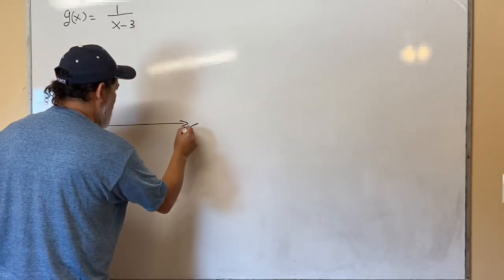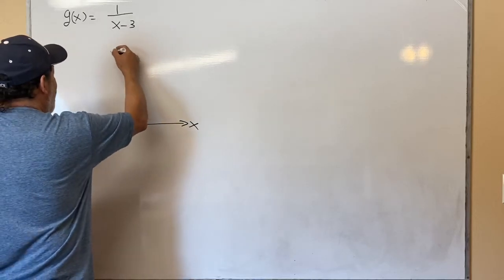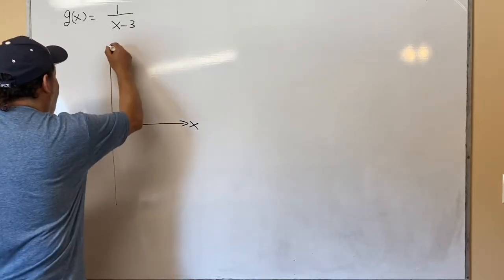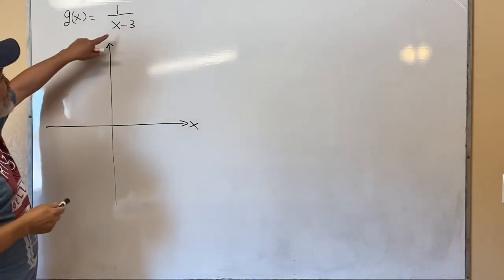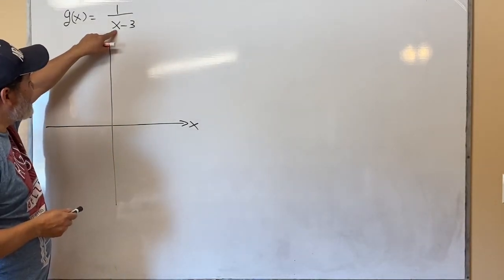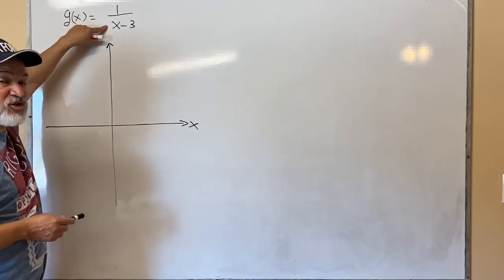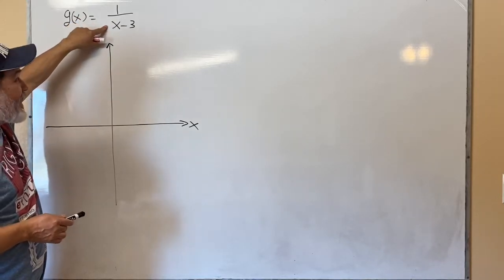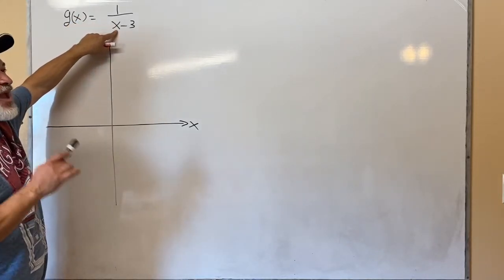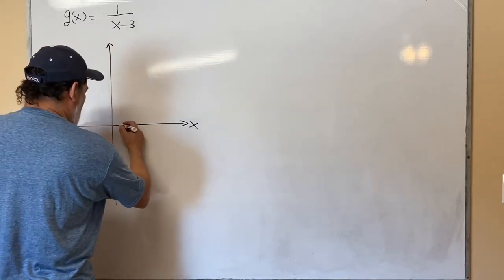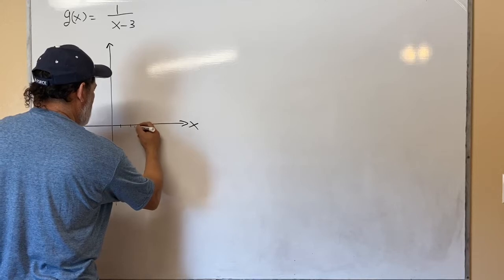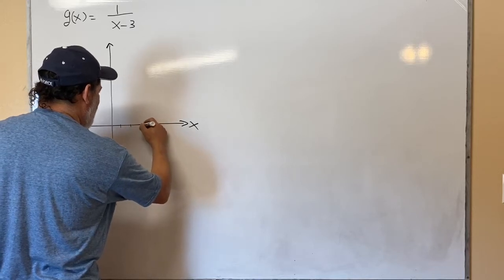Here is x, and here is y. And note, at x equals 3, this denominator becomes 0. So at x equals 3, we have an asymptote. 1, 2, and 3. That's an asymptote.